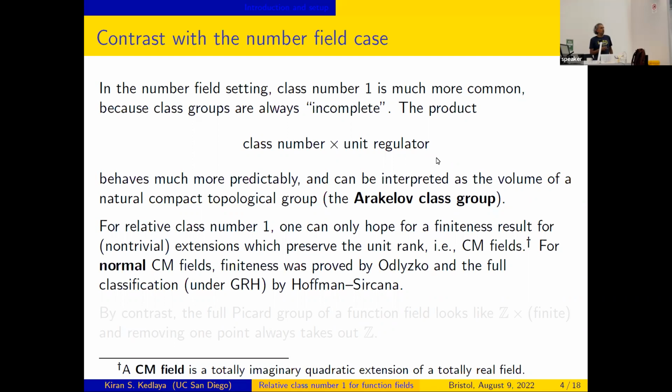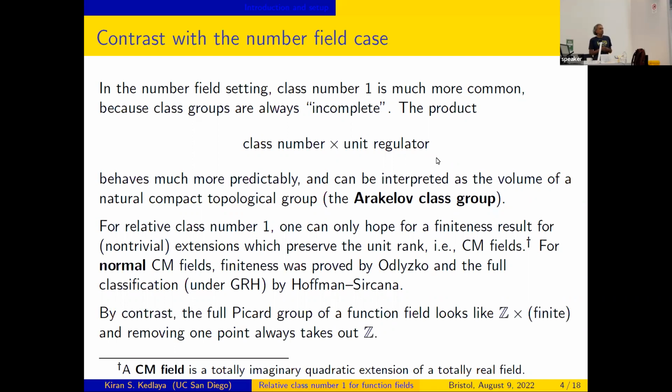It's definitely the case that for normal CM fields, normal over Q, the finiteness follows from Odlyzko using his bounds on discriminants, and the full classification was done quite recently by Hoffman and Sircano. I think this is a 2020 preprint on arXiv. I couldn't find the public version. So, as far as I know, it's an open problem to do the relative class number one problem in the non-normal case, although there's some partial work.